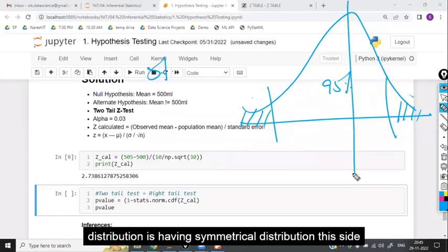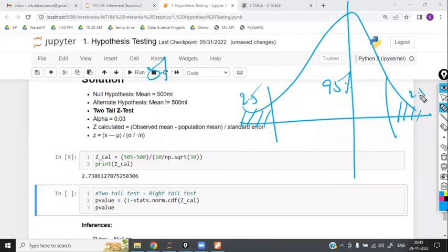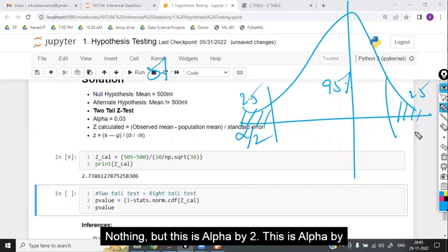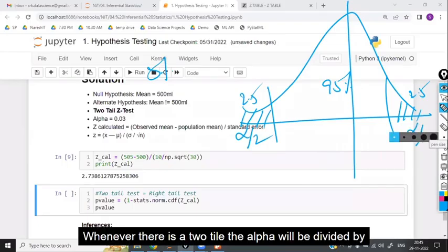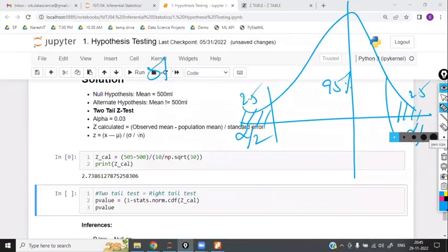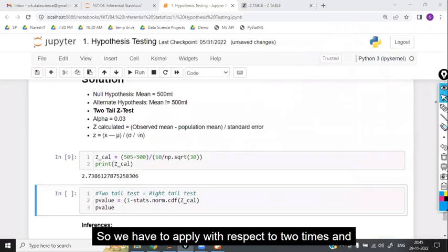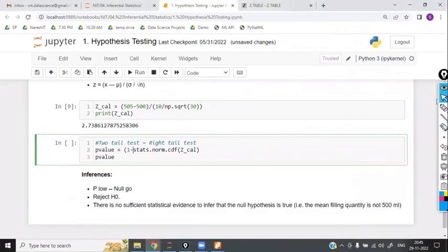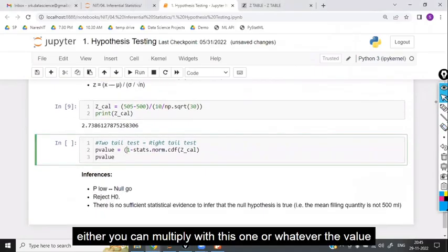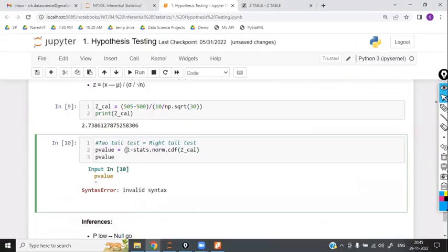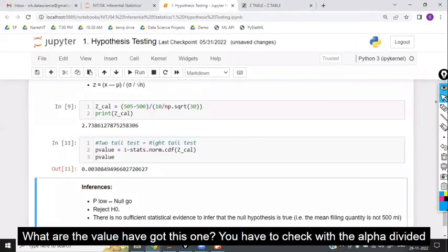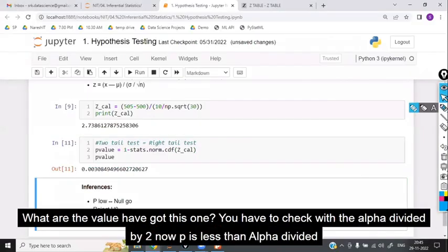The normal distribution is symmetrical, so this side 2.5, this side 2.5. This is alpha by 2, and this is alpha by 2. Whenever there is a two tail, alpha is divided by 2. Whatever p value you have got, you check it against alpha divided by 2.